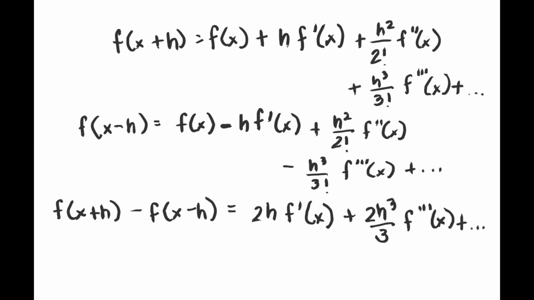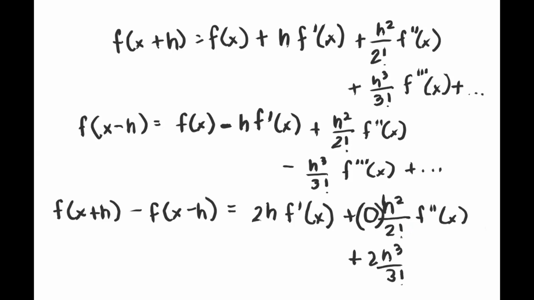Okay, so that we won't get confused, I have a discussion connected to this. Let's include the h squared term first. 2f of x, okay, plus 0, that is zero, right? Plus 2h cubed over 3 factorial f triple prime of x, plus, and so on.